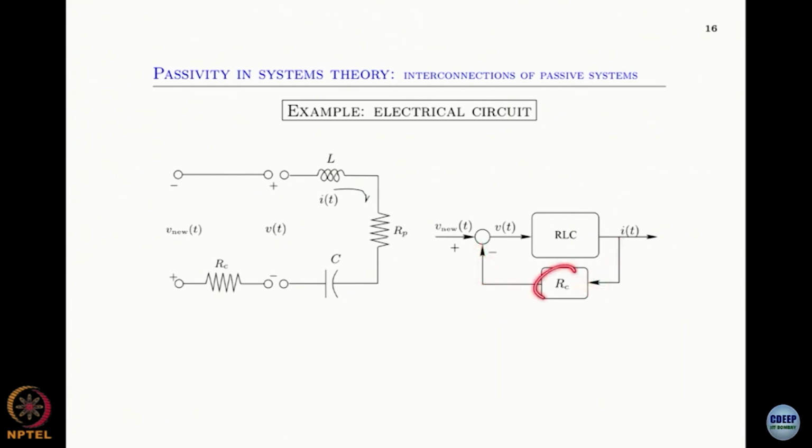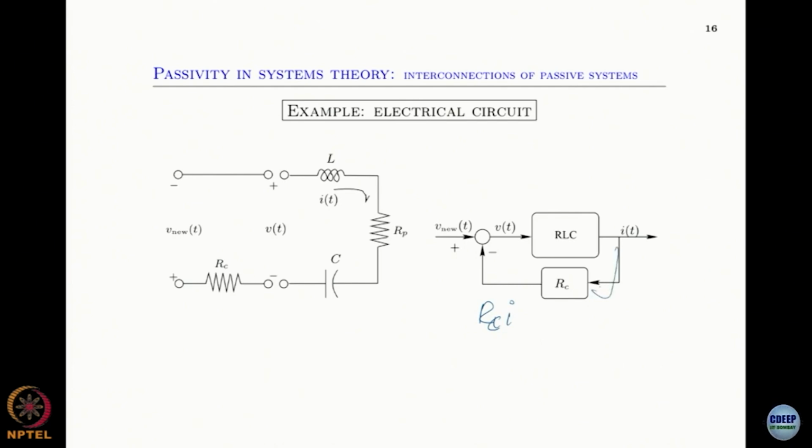In this case, I just use another resistive element. This resistive element, you can consider it as input strictly passive because it's just a constant. So if you put the input here, the output on this side will be of course just R_C I. So you can see that this is of course input strictly passive, right?